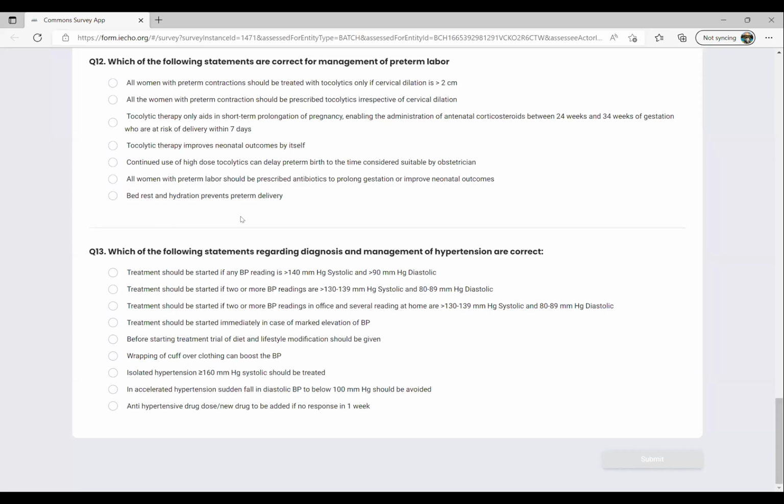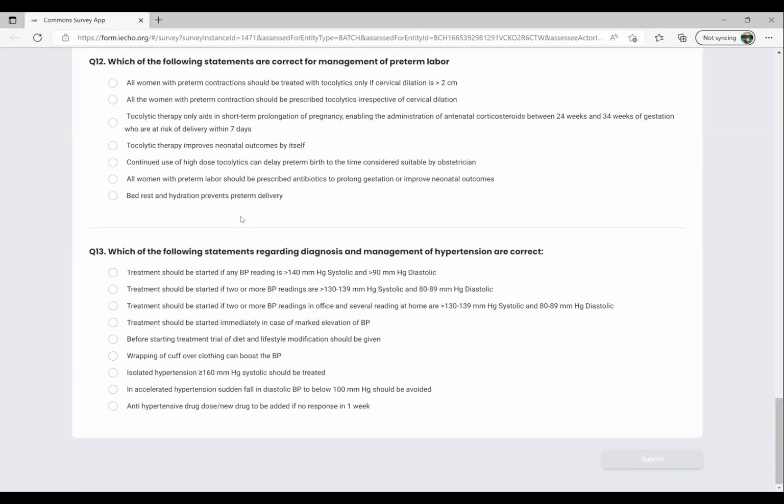Why do we need to have several readings of BP? Many times the method of checking BP is also wrong. Either the cuff is not of appropriate size, or it is not tied properly at an appropriate place.